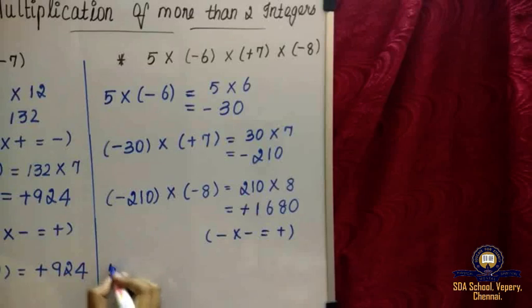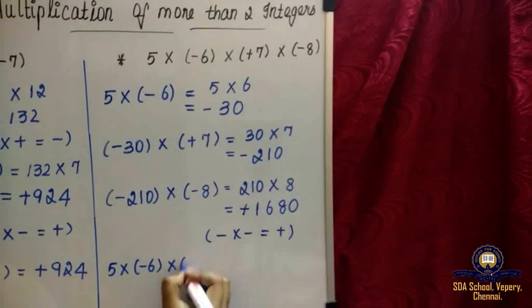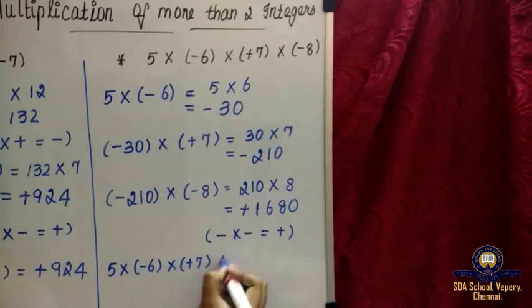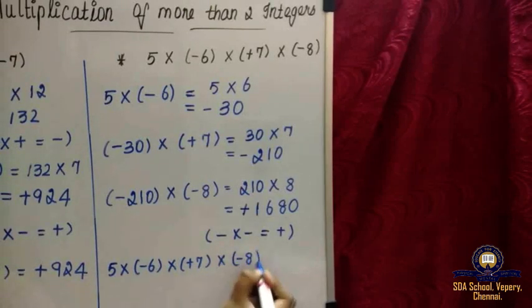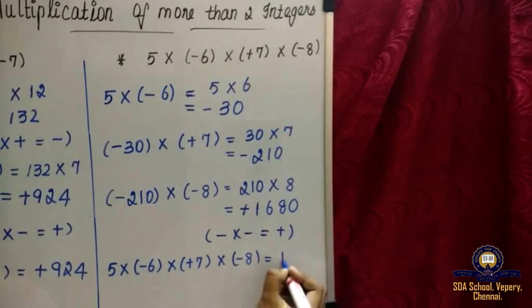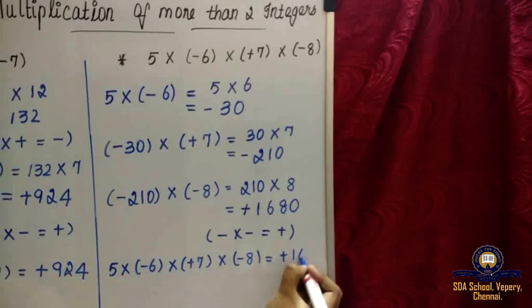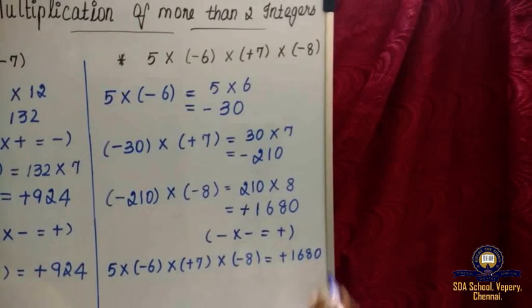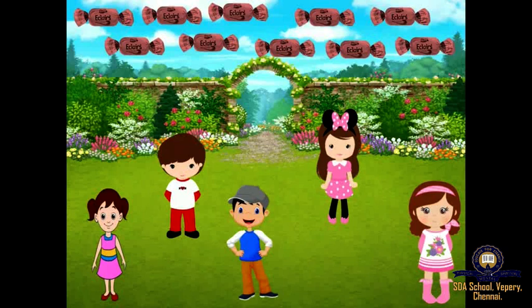Therefore, 5 into minus 6 into plus 7 into minus 8 is equal to plus 1680. We saw multiplication of integers. Now we will see division of integers.